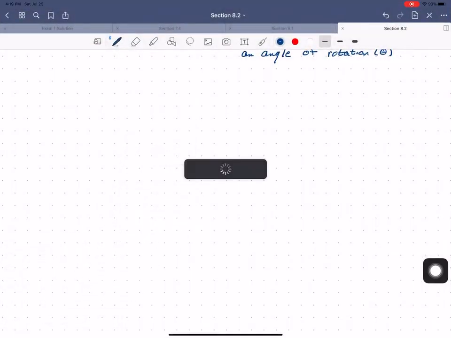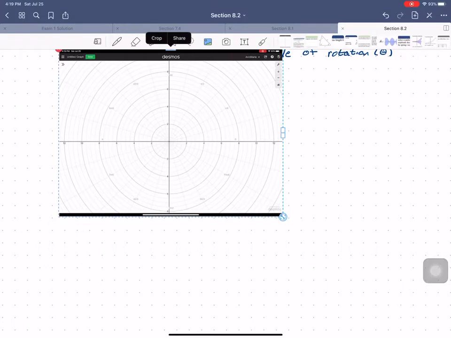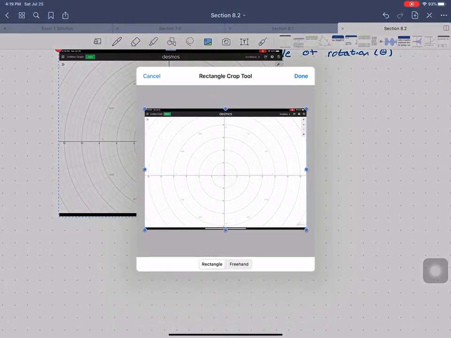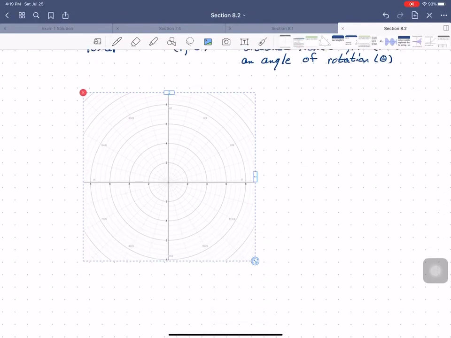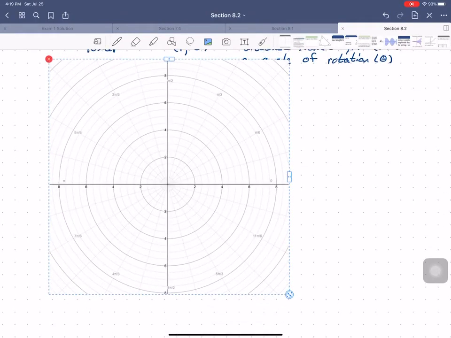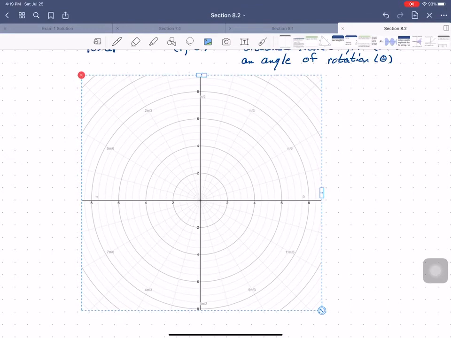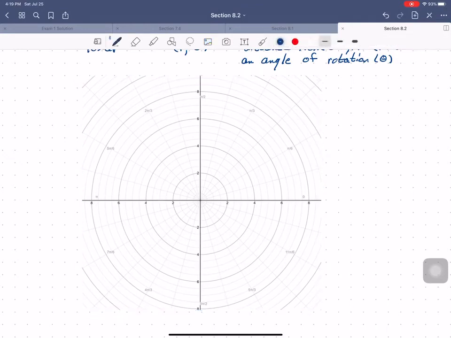Now we're going to talk in a minute about how to go between rectangular and polar, but it helps if we understand polar before we try to do that. So let's make sure we understand what a polar coordinate system means, and then we'll talk about the relationship between the polar coordinate system and the rectangular coordinate system, because the reality is this is still just a point in space.